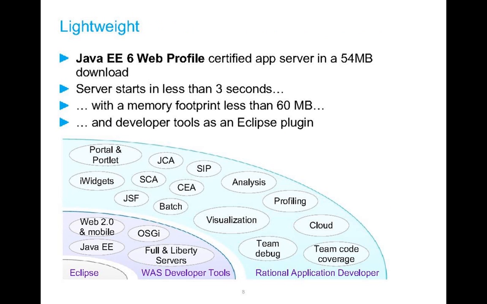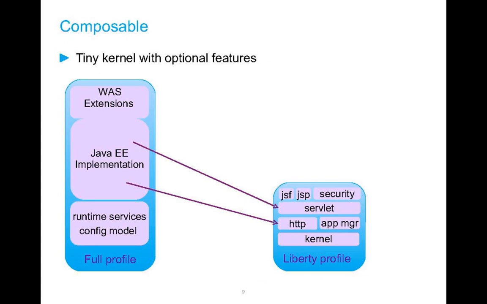Secondly, this is a composable server. What does that mean? Seeing this particular slide, you can see a comparison of Liberty and traditional WAS. In the full profile, that is traditional WAS, you see different things stacked on top of each other. You see the runtime services, you see the config model.